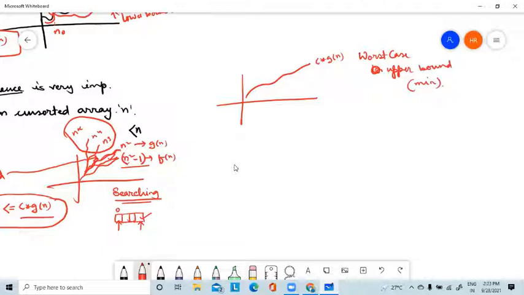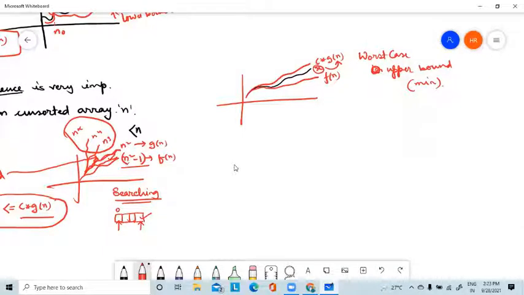So if I am able to give some new algorithm which will take less than this, but greater than the actual function, say my new algorithm is X, then I will say that my algorithm is better than the existing algorithm. So that's why when we consider time complexity, we always try to give the worst case upper bound.